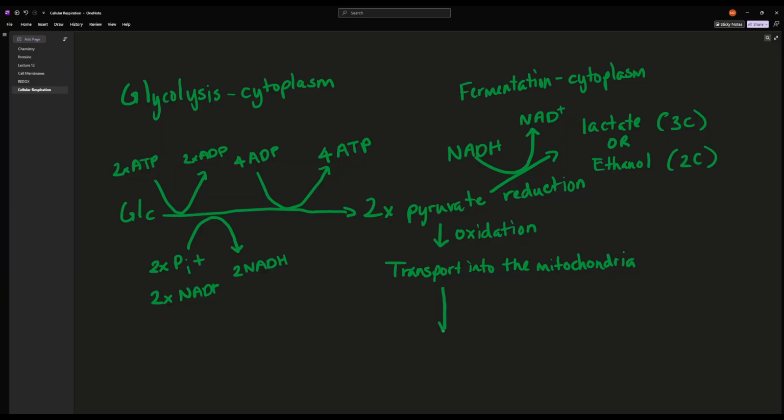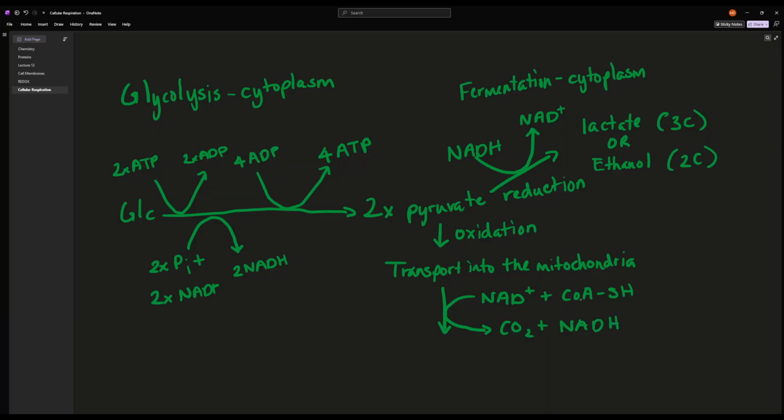All right, so what's going to happen is this pyruvate is going to get immediately oxidized. We're going to take our NAD+, and we're going to add in our friend, coenzyme A, and we're going to get out of it a CO2 molecule and NADH.